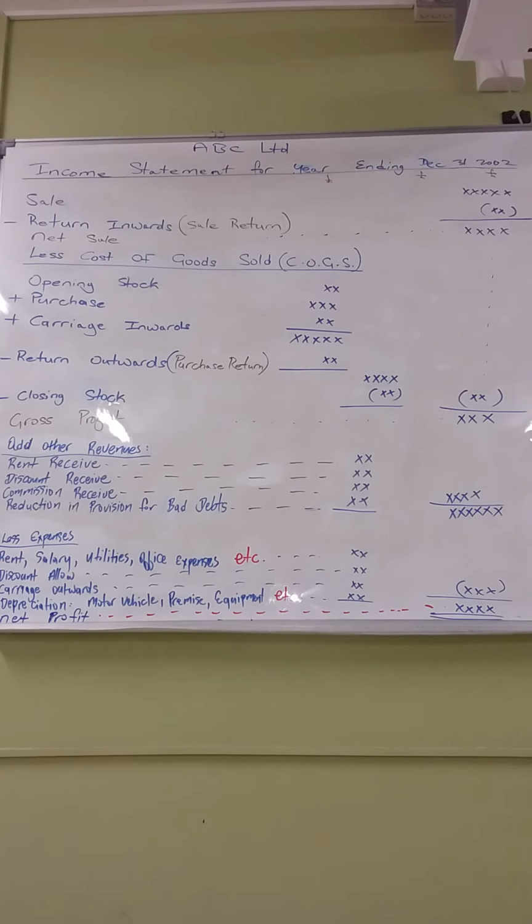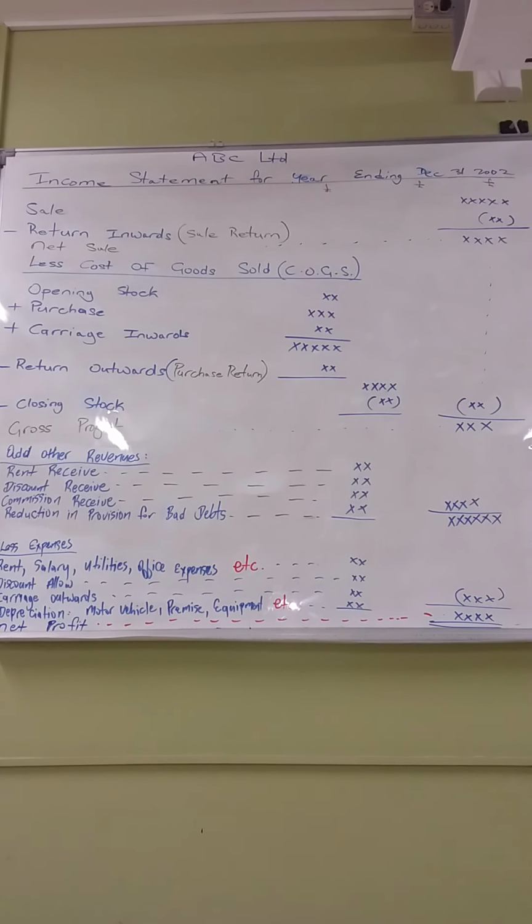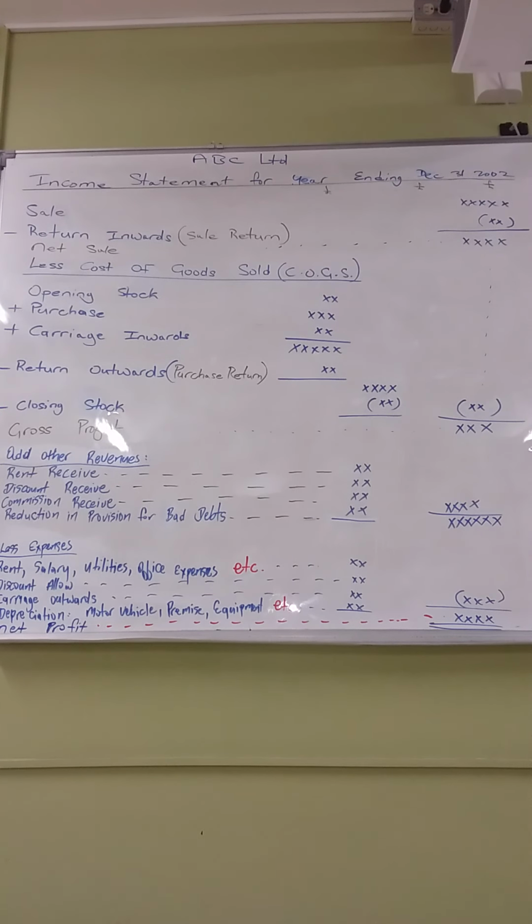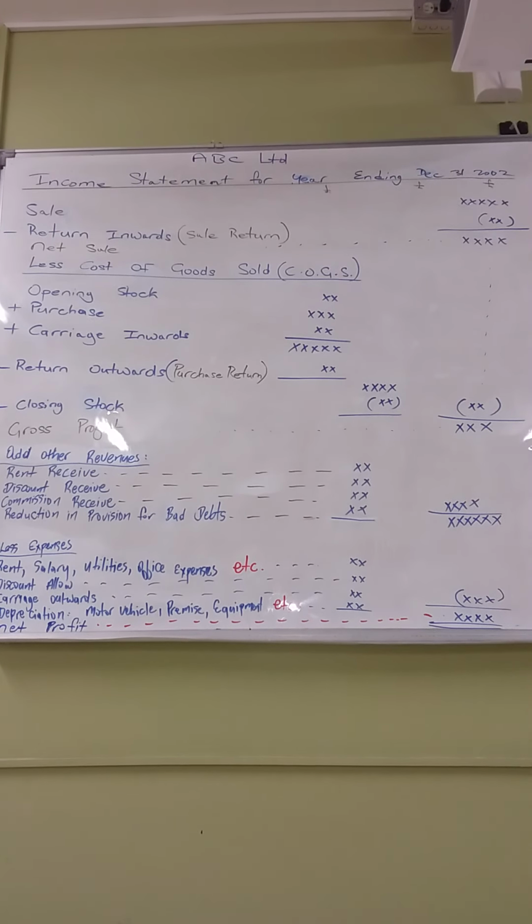Now from there you move into this section, your less cost of goods sold. This section has an entire header, which is your less cost of goods sold. It is okay to simply write less C.O.G.S, which is the acronym for cost of goods sold.